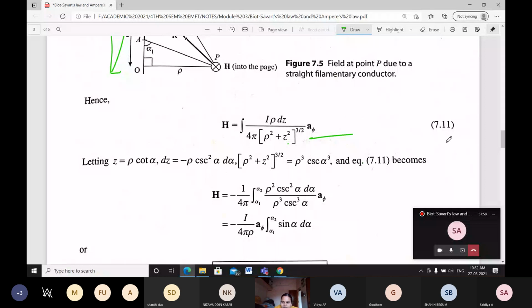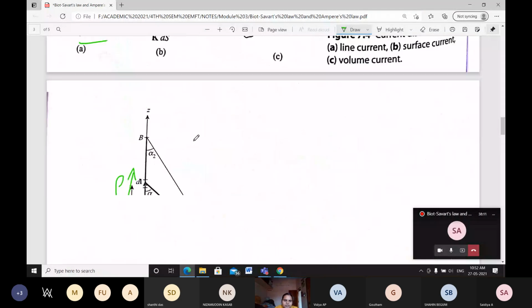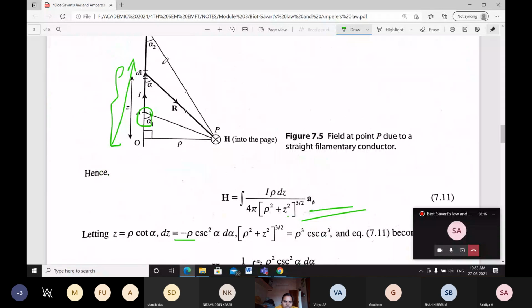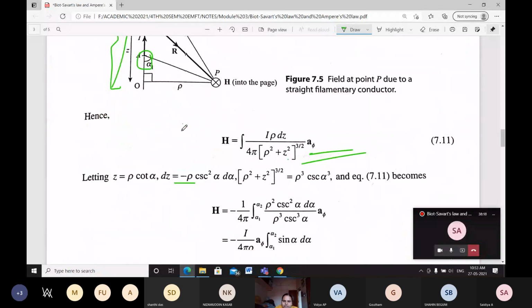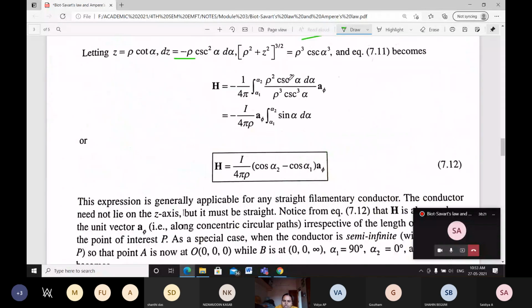If I substitute all this in equation 7.11, then I'll get H as minus 1 by 4 pi, because the minus is there, integration with limits alpha 1 to alpha 2, rho square cosecant square alpha d alpha divided by rho cube cosecant cube alpha.